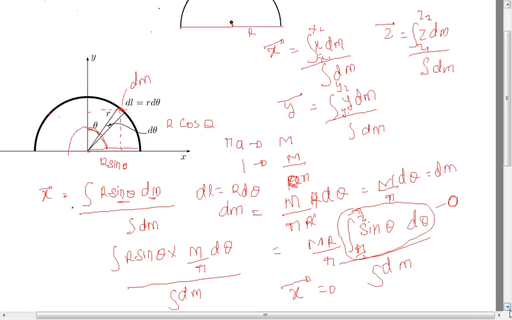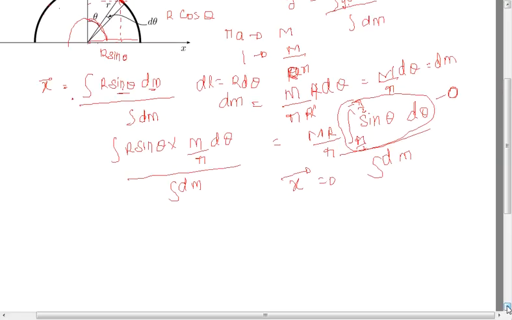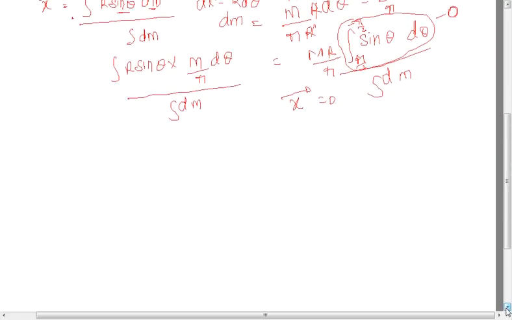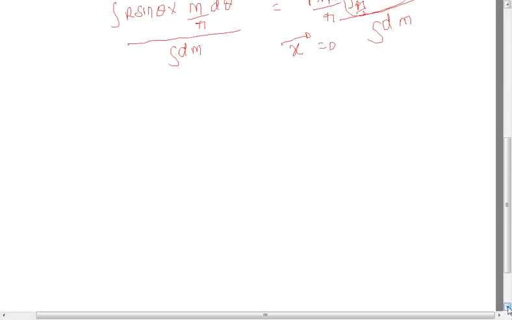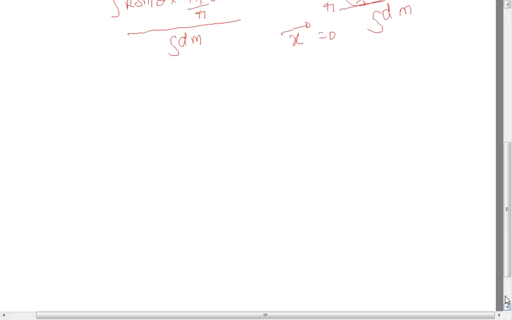We can also interpret these things by the symmetry concept, but I have just not told you about the symmetry. Now we have to find out the y coordinate.